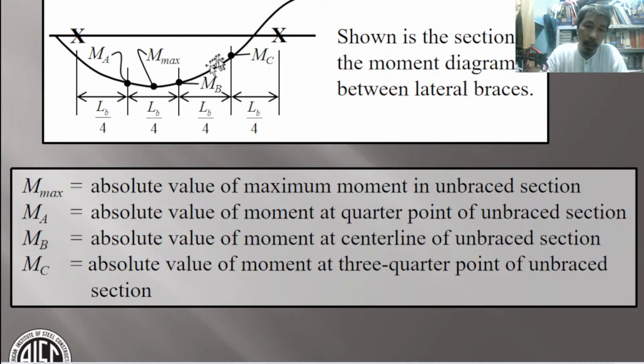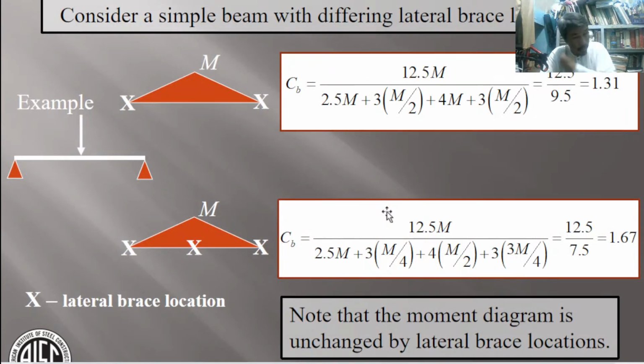Mmax is the absolute value of the maximum moment in the unbraced section. MA is the absolute value of the moment at the quarter point. MB is the absolute value of the moment at the center line. MC is the absolute value of the moment at the three-quarter point. So as you can see here, the first quarter point, the second quarter point or middle, and the third quarter point, A, B, C, and then the value of the maximum. Knowing those things, we can calculate CB.